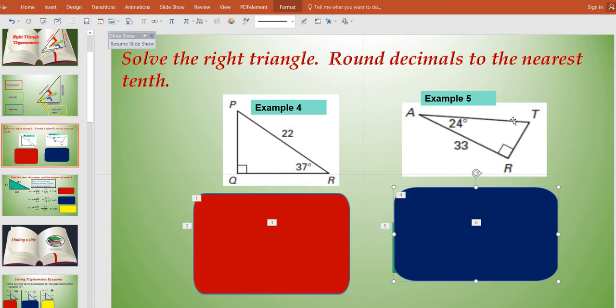To get the length of AT: cosine 24 degrees equals 33 over AT, since cosine is adjacent over hypotenuse.